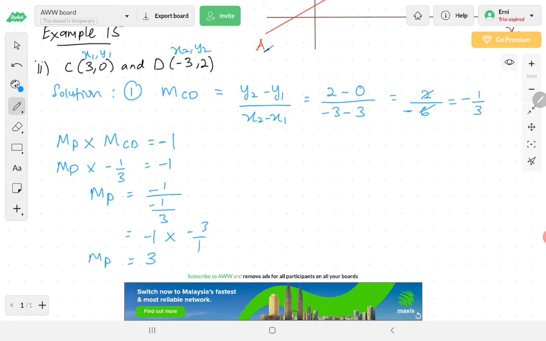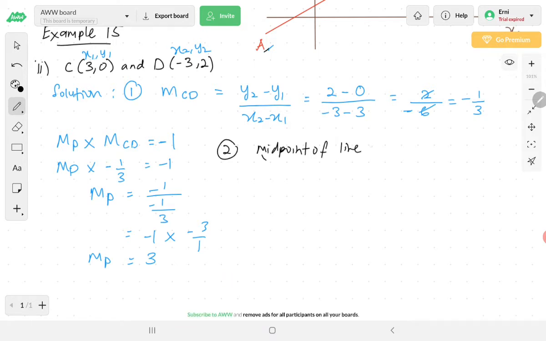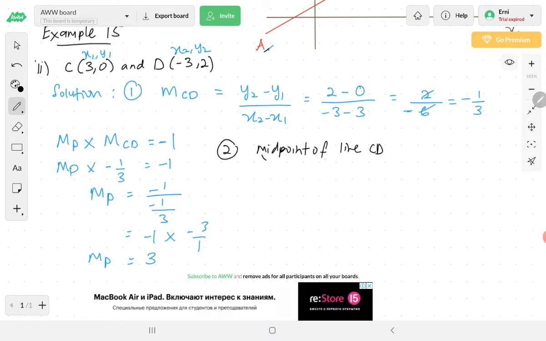Okay, so after that, the second step is to find the center point, which is the midpoint of line CD, which is called (xo, yo).